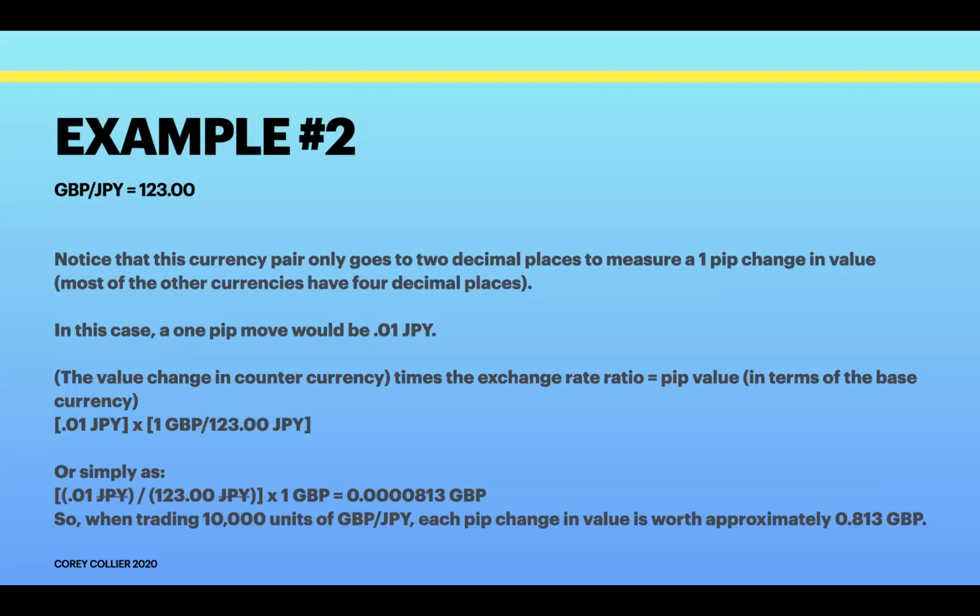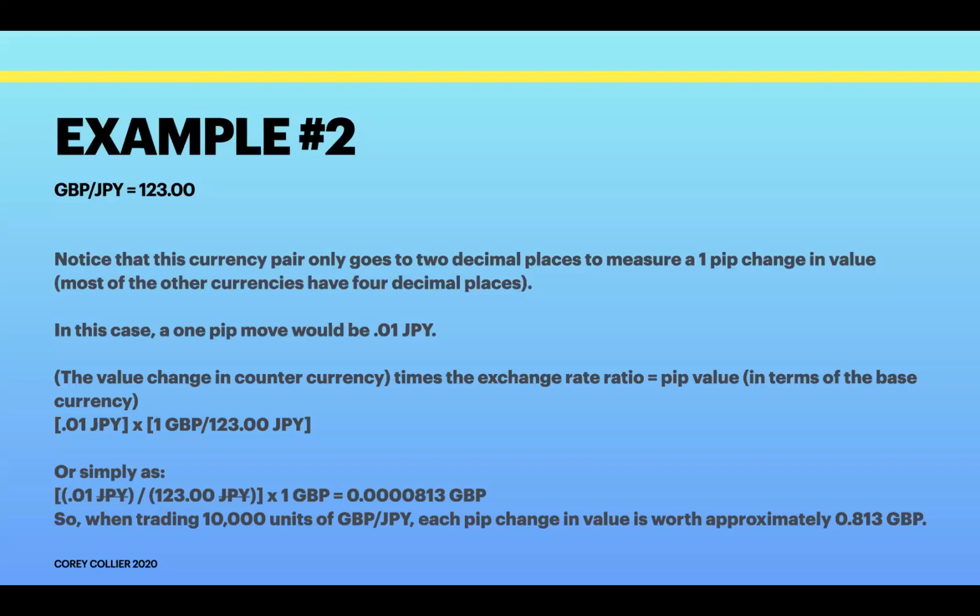So how you calculate the value of this, again, it's similar to what we just did. You take the value change in the counter currency. We'll just say 0.01 as a 1 pip move. You times that by the exchange rate ratio, and that's going to give you the pip value. The exchange rate ratio is for 1 British pound, you get 123 Japanese yen.